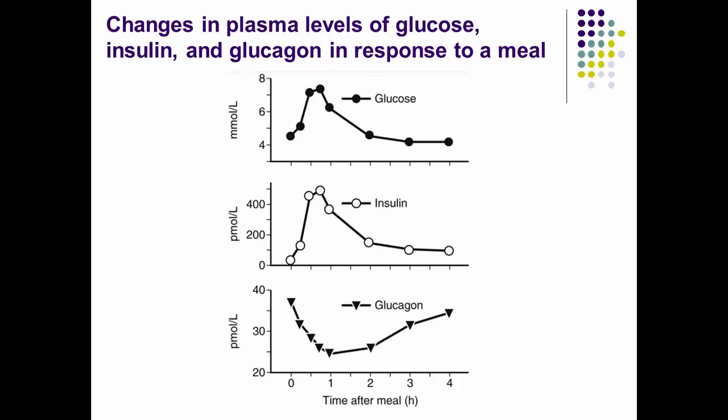We definitely expect that the glucose level will be high, right? And insulin levels also will go high after a meal. So usually about 15 minutes after a meal, you see the glucose levels rapidly increase and reach the peak levels, right, within 15 to 30 minutes after a meal. And insulin has the same pattern, right?